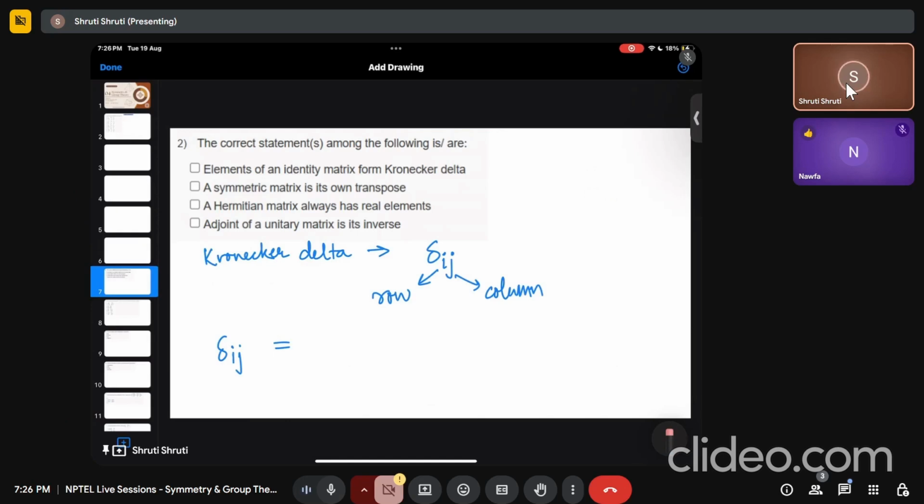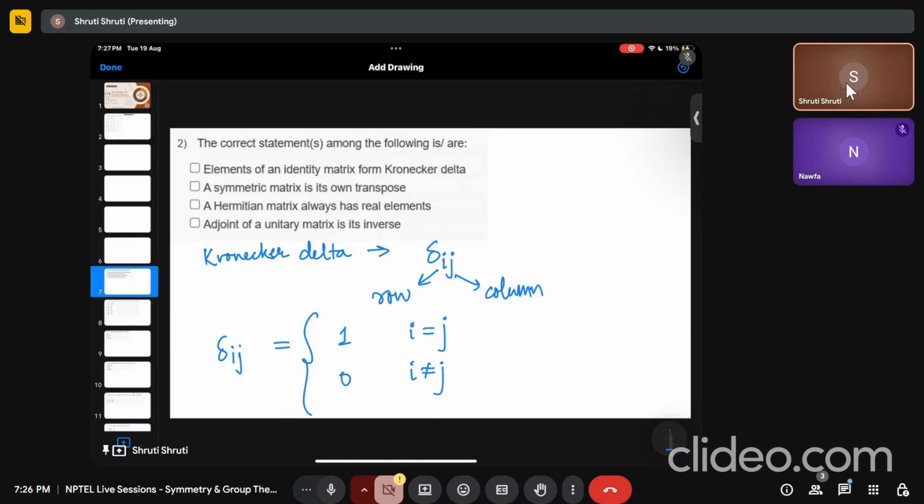Now delta ij, that element will be equal to 1 when i is equal to j, and will be equal to 0 when i is not equal to j. i equal to j means the row number and the column number are the same, for example the third row third column element, the fourth row fourth column element.